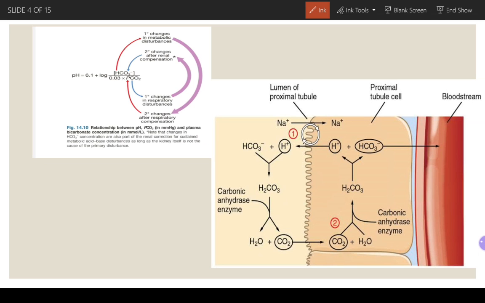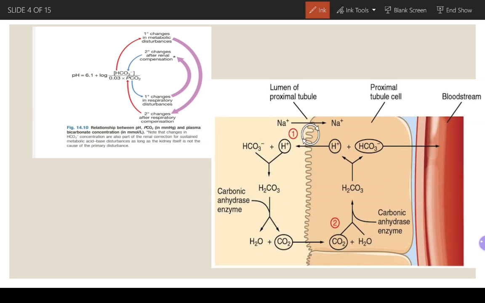PCO2 is the partial pressure of carbon dioxide. The partial pressure of carbon dioxide is regulated by the respiratory system, whereas the HCO3 minus concentration is regulated by the kidneys. When there's any change in the concentration of HCO3 minus, there's a reflex mechanism which leads to a change in the partial pressure of carbon dioxide, which maintains the pH.